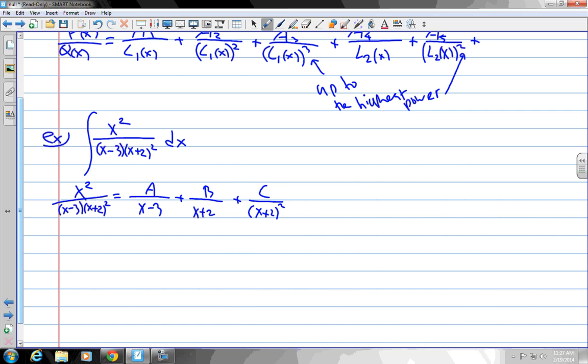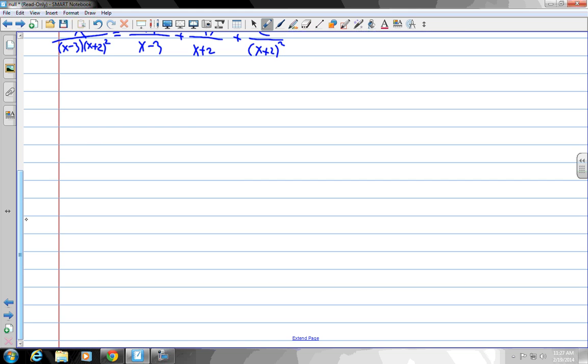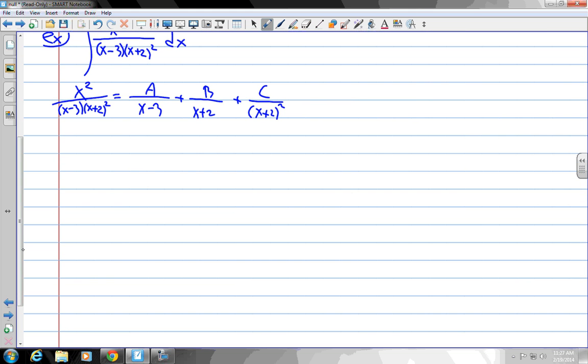If those are linear factors. If this was x plus 2 to the 4th, you also need x plus 2 cubed and x plus 2 to the 4th. So you need all integer powers leading up to the highest one. So again, let's multiply both sides by the LCD.